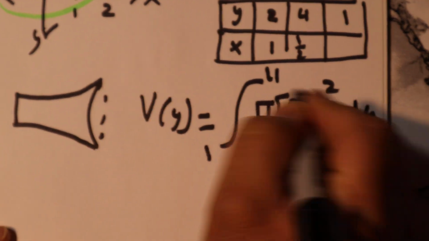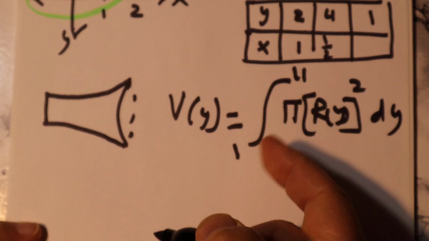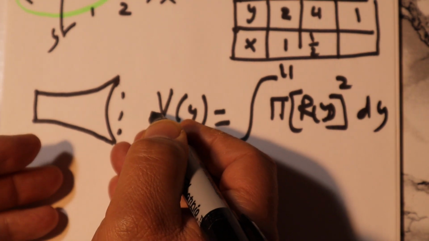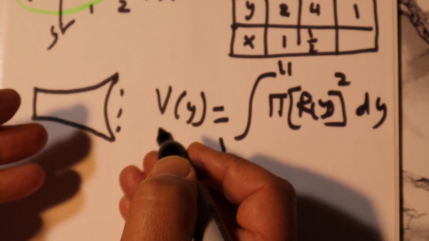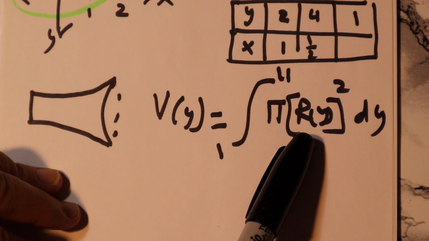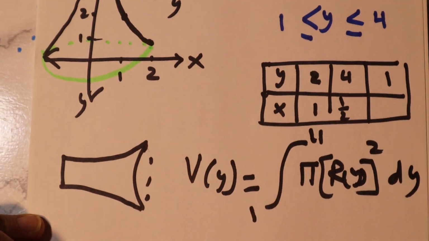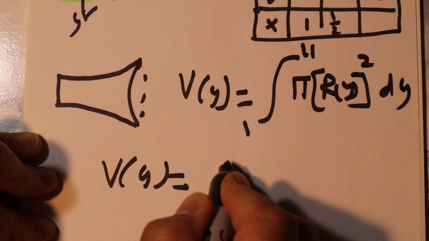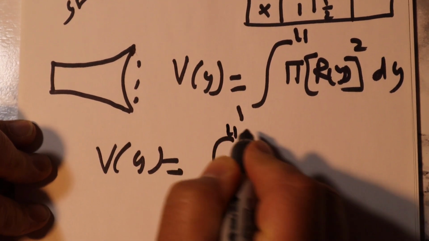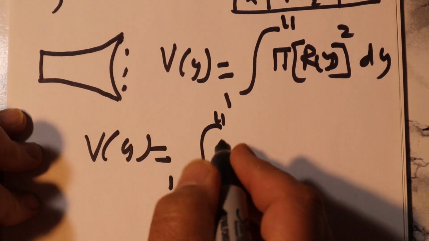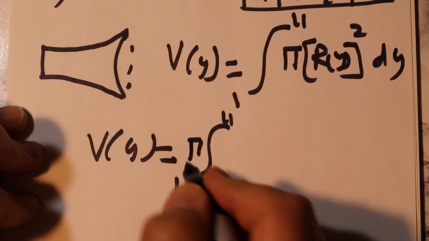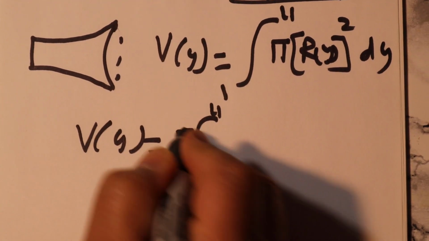So if you integrate pi r squared, it will give us the volume. Remember that. Now let's substitute the given function. It will be the volume of y equals the integral from 1 to 4. Let's take pi outside.